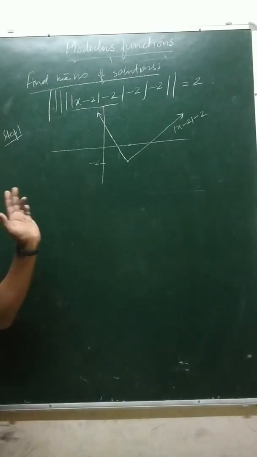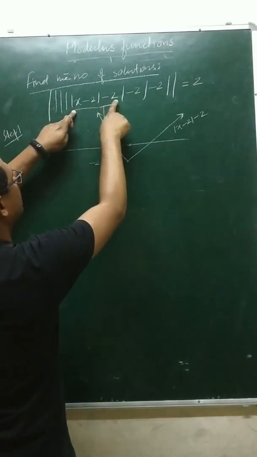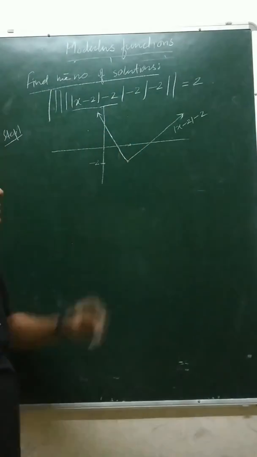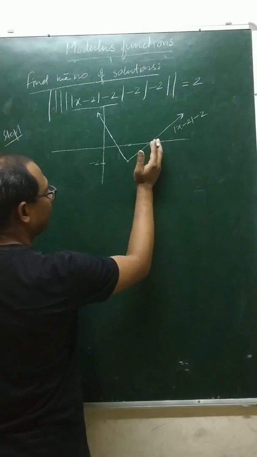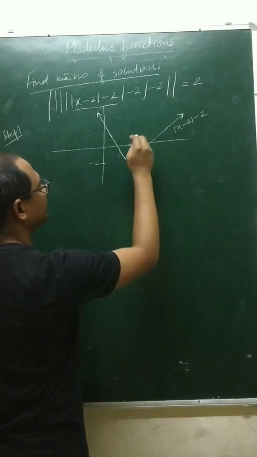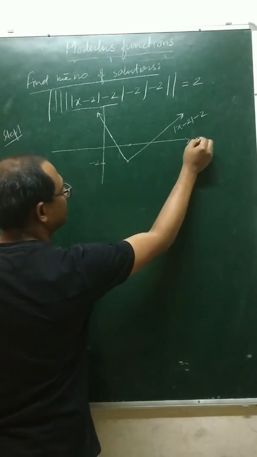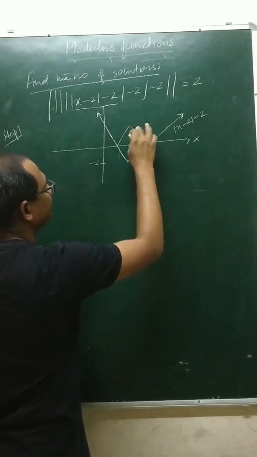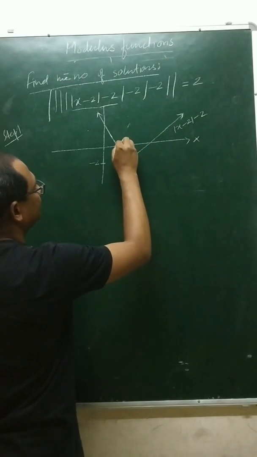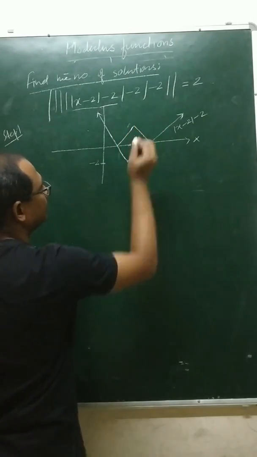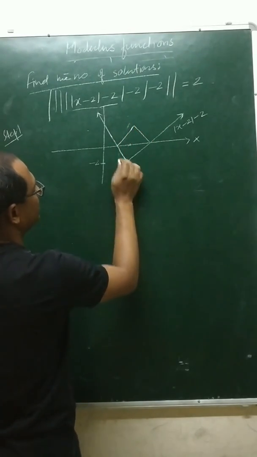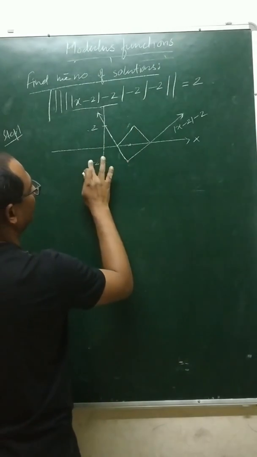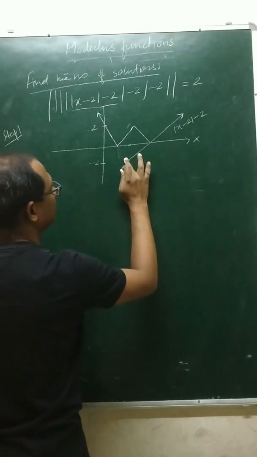Now we need the modulus of this. We have learned that if the graph has some negative portion, make it positive by taking the reflection on the x-axis. So the reflection will be something like this. This point is minus 2, so it will become 2, and we have to discard this.